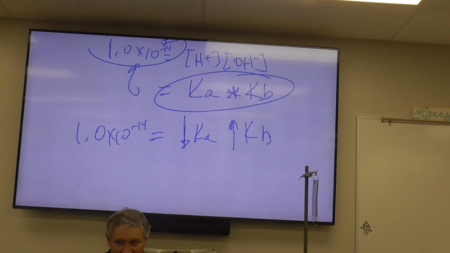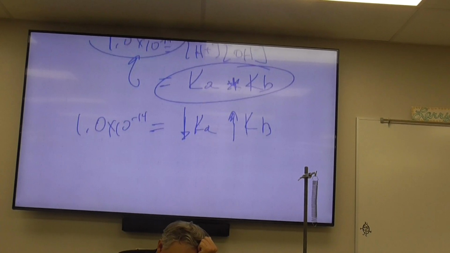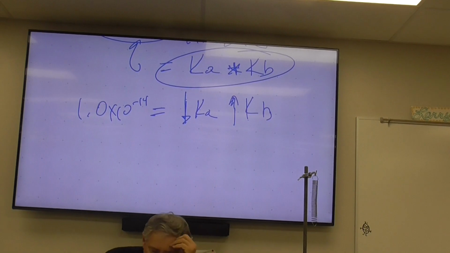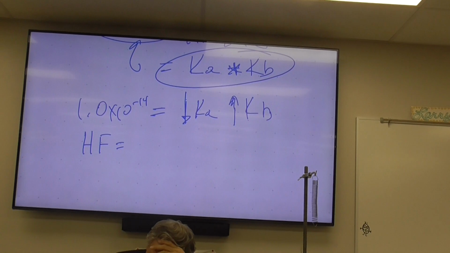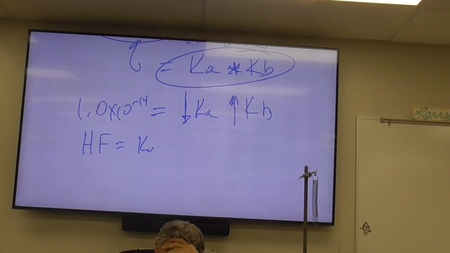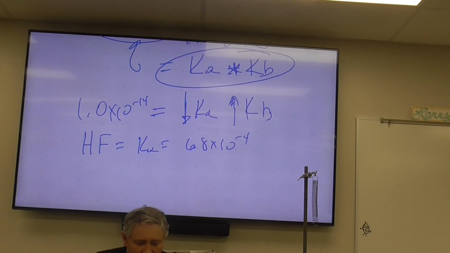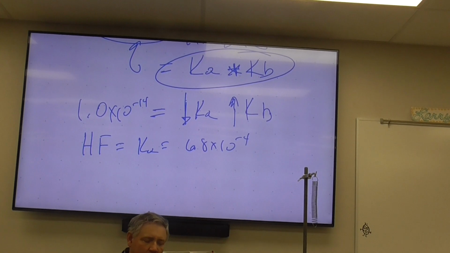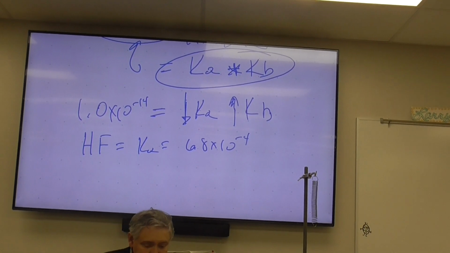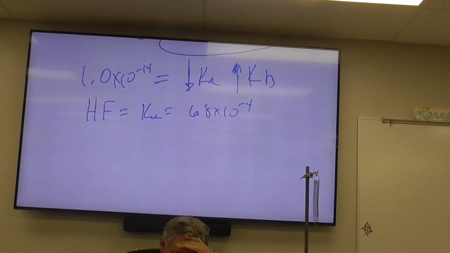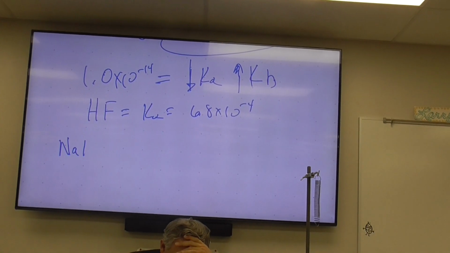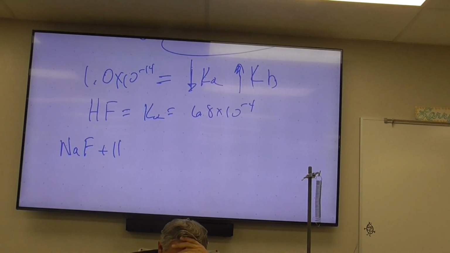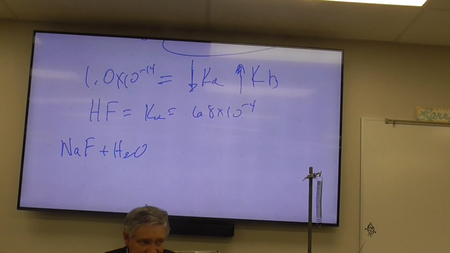Now, here's the next thing. If you look at hydrofluoric acid, for example, hydrofluoric acid has a Ka value of 6.8 times 10 to the negative 4th. So if you know the Ka value of hydrofluoric acid, and this is something you're going to do in the lab, if I, just like I did here, take some sodium fluoride and react that with water, first off, are you going to worry about the sodium?